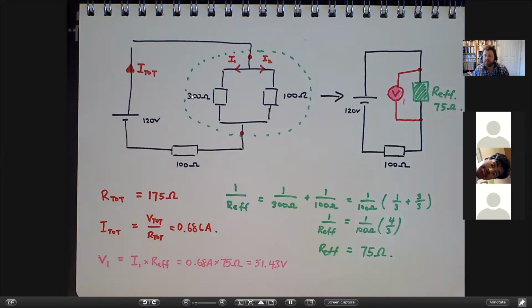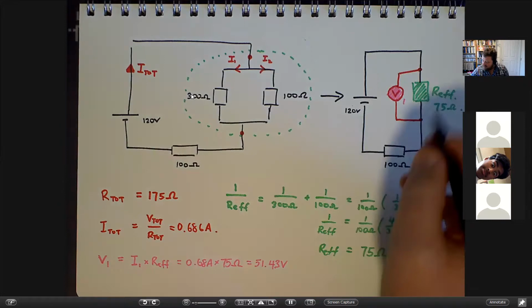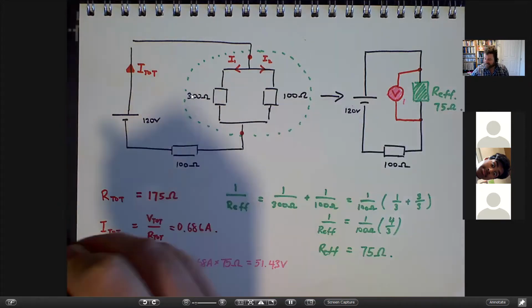I saw a hand go up. Since voltage inside of a parallel circuit is measured as if it were outside the two points of where it splits, does that mean if you just keep nesting parallel circuits within parallel circuits, the voltage will always be the same? Yes. Unless you then put an extra series element inside as well.